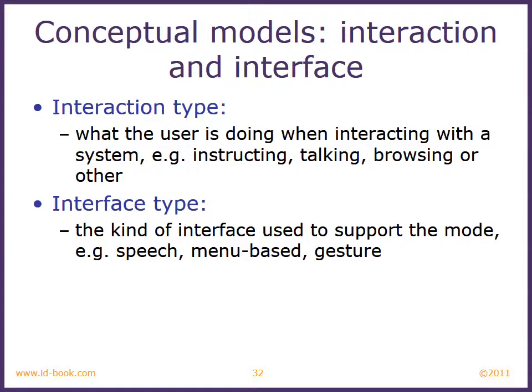So, conceptual models, interaction and interface. When we talk about interaction type, it means what the user is doing, for example instructing, talking, browsing and others. And the other type is interface, like speech, menu-based, gesture.